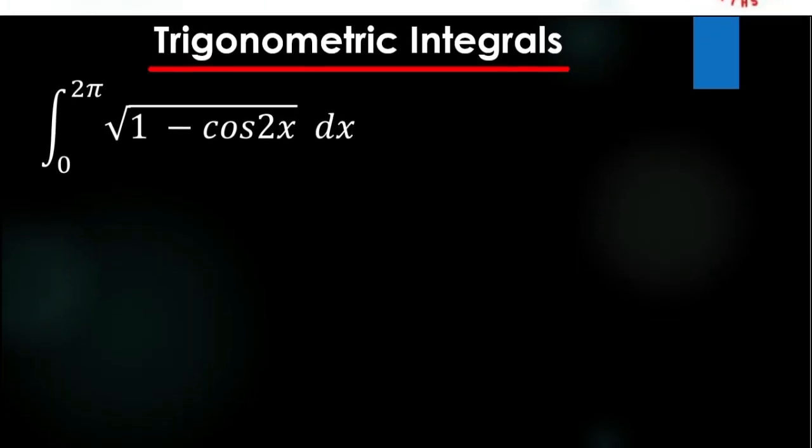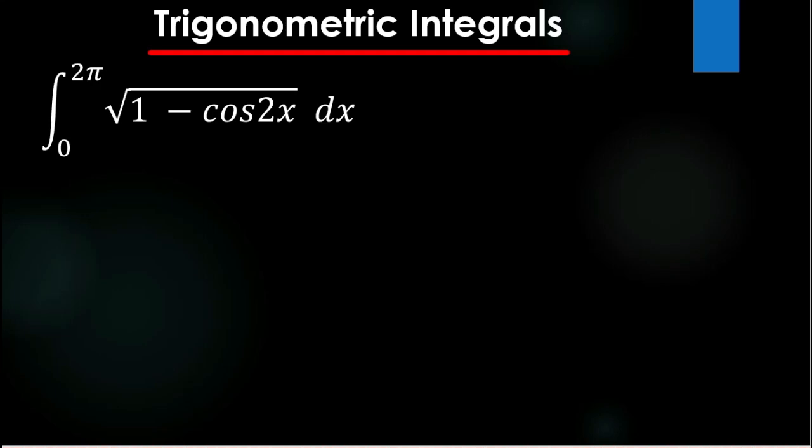Now, our example says we should find the integral between 0 and 2 pi of the root of 1 minus cos 2x.